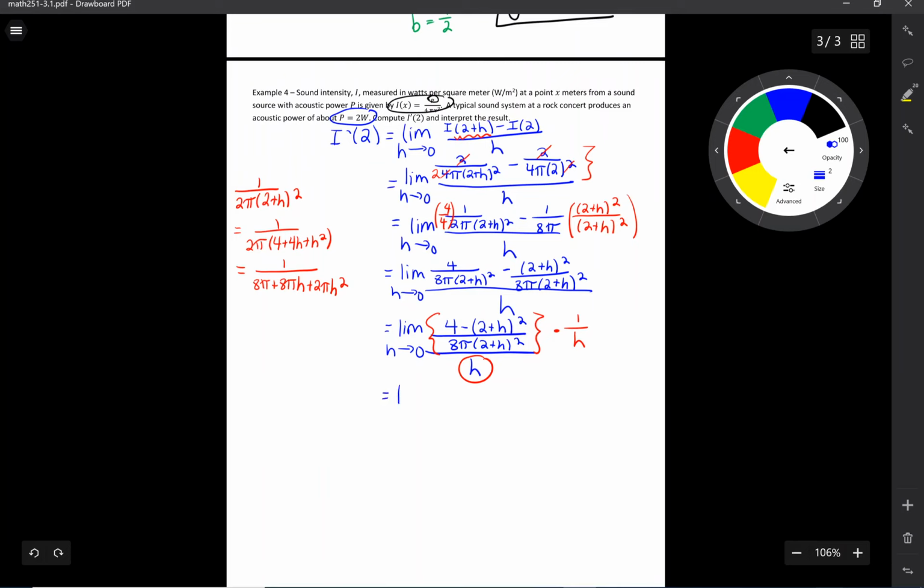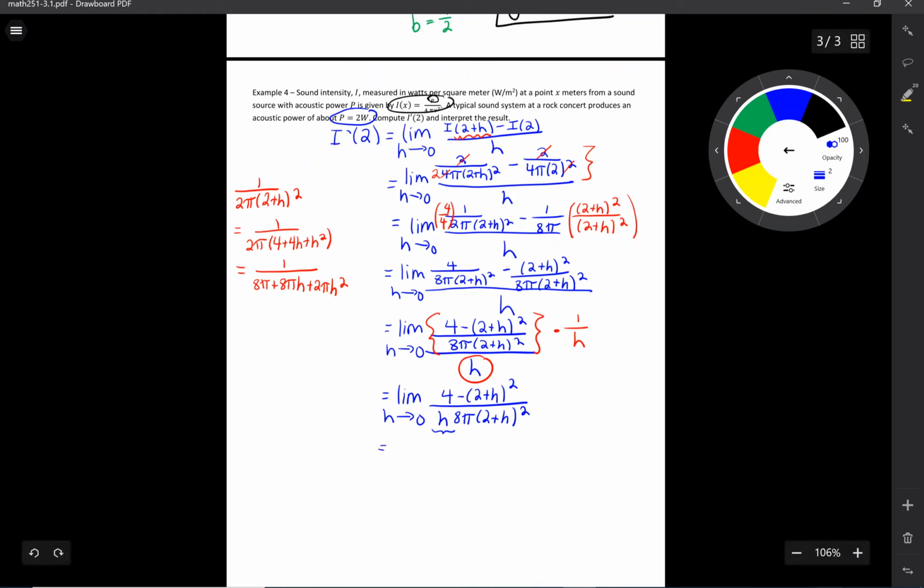So I get the limit as h goes to 0 of 4 minus (2 plus h) squared over h times 8 pi times (2 plus h) squared. Now I still can't plug in h equals 0 because of this term right here. But let's see what happens if I simplify my numerator here.